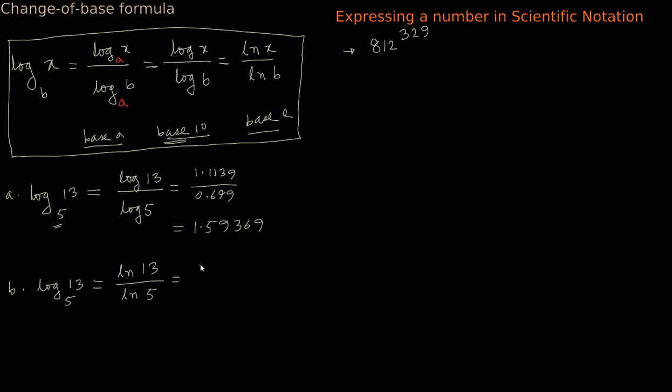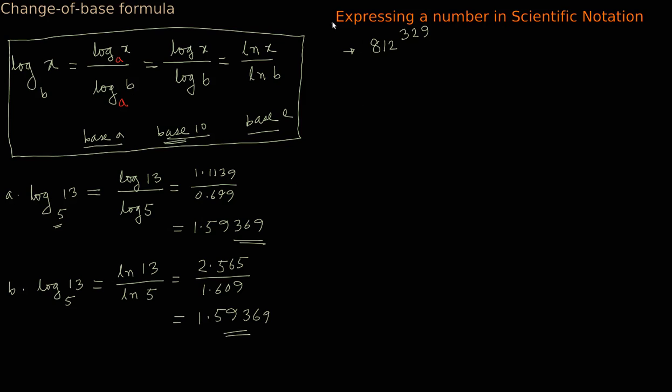If I punch the calculator, it is going to be 2.565 over 1.609. So I'm going to get approximately the same result, 1.59369. Okay, so that's the same result. So these are some little applications of the change of base formula, right?